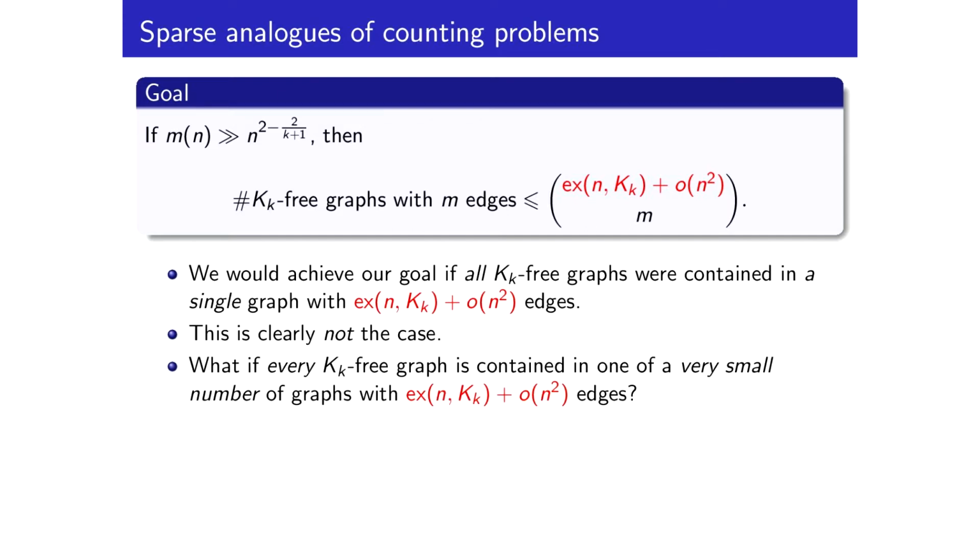But it is sufficient that instead of saying one single graph, we prove that every K_k-free graph is a subgraph of a small number of graphs having that many edges. And small can be as large as n squared to the n. You can see that it's a big number, but not compared to this number.